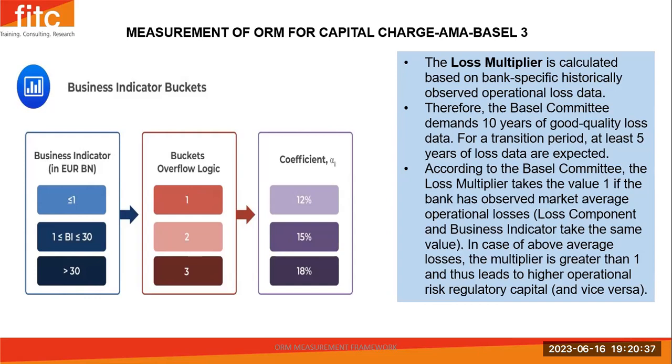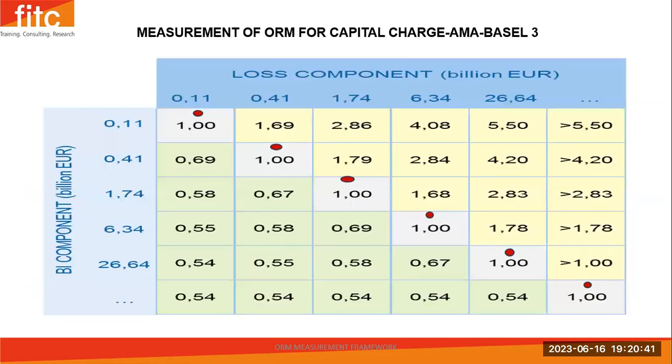So the loss multiplier is based on 10-year historical loss data of the bank. If you look at this table, it's very clear that if, for instance, the loss component is 1.74 billion euro, and the business indicator component is also 1.74, you find that the value becomes 1. You can see all through here.